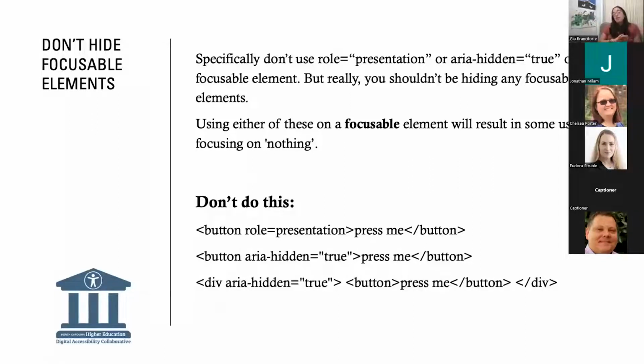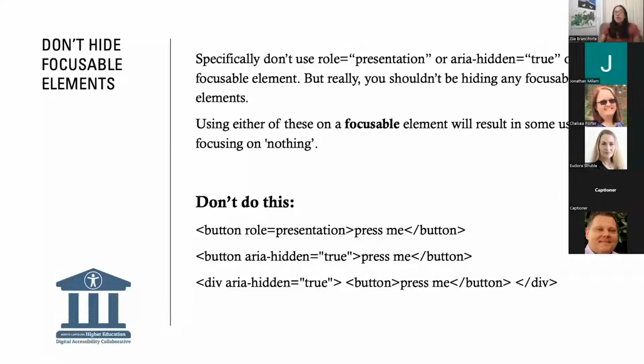In all honesty, there could be an entire presentation in and of itself on how to hide and display elements in an accessible way. And maybe that's a future digital accessibility presentation that needs to happen. I'm going to gloss over this one a little bit because there's a lot of different ways that you can hide elements.